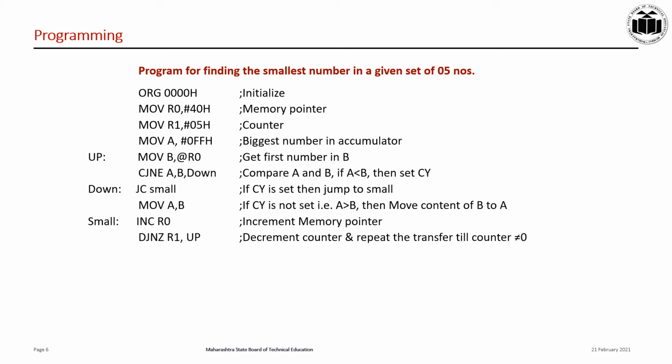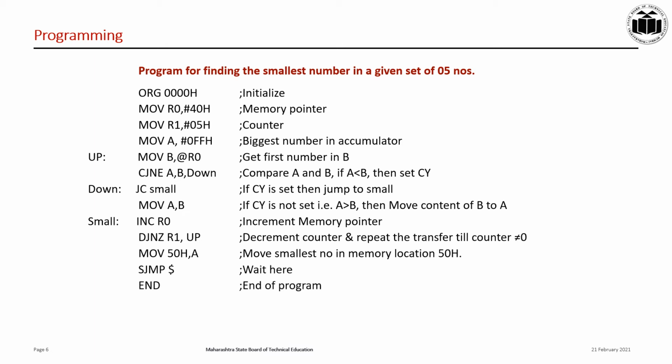After this instruction, the resulting smaller value will be in the accumulator. So we will move the smaller value to memory address 50H by using the instruction MOV 50H, A. So at last we will get the smaller value in memory location 50H.